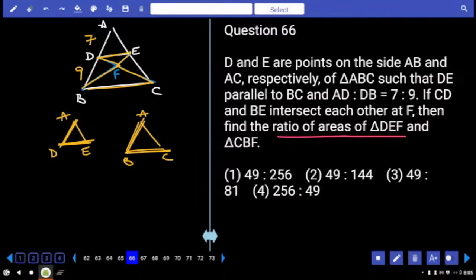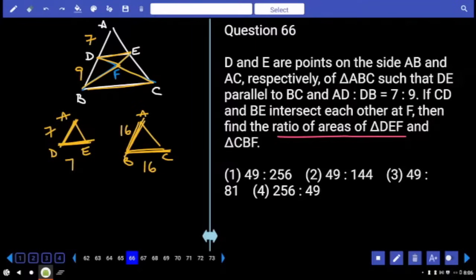AD value is 7. AB value is 7 plus 9, that is equal to 16. Then DE and BC also should be in the same ratio, 7:16.